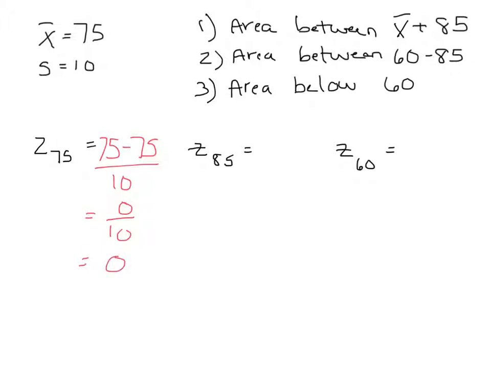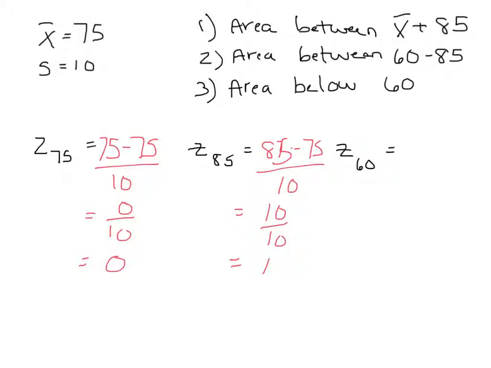For a z of 85, we're going to subtract the x value of 85 minus the mean of 75 and put it all over a standard deviation of 10, which will give us 10 over 10, or a z-score of 1.